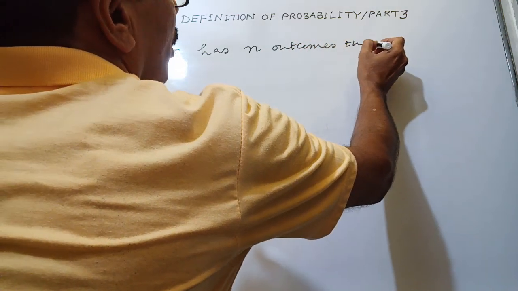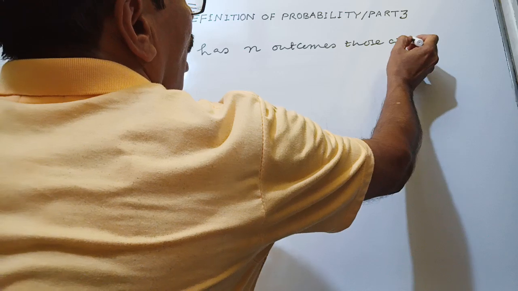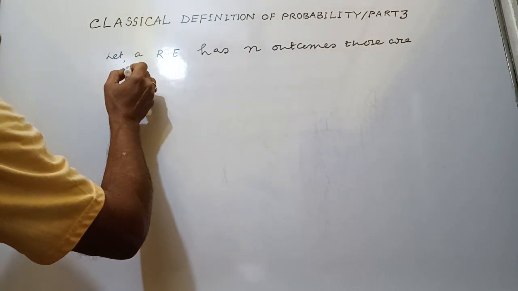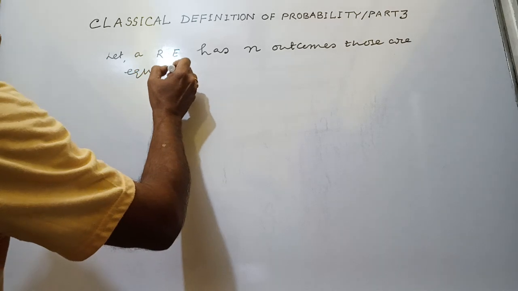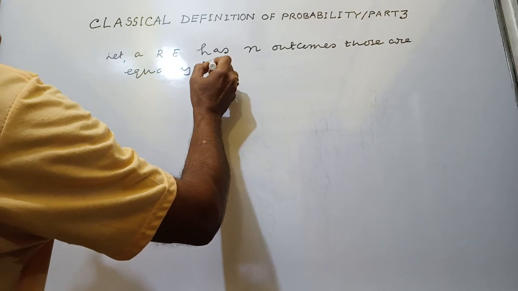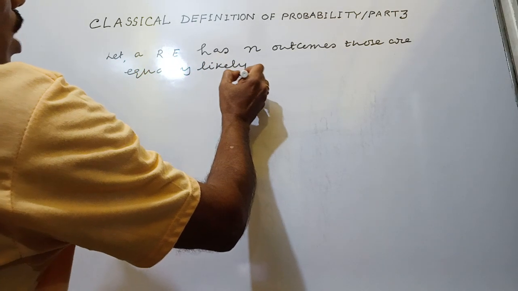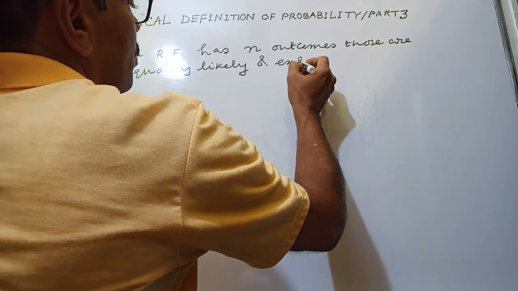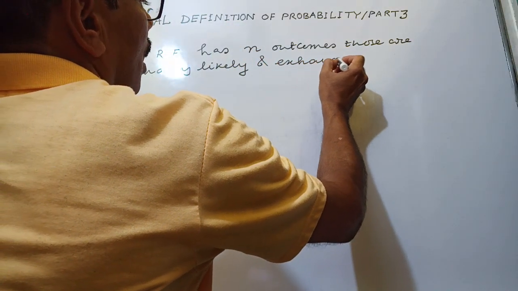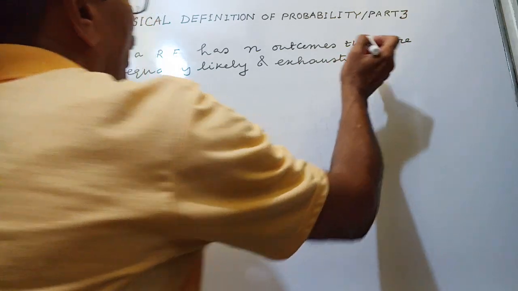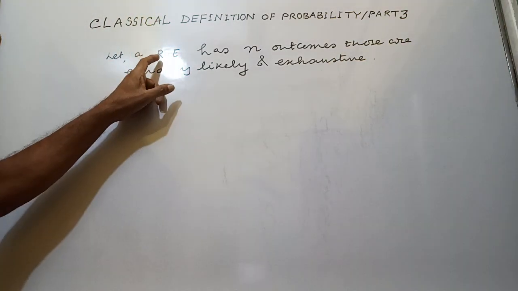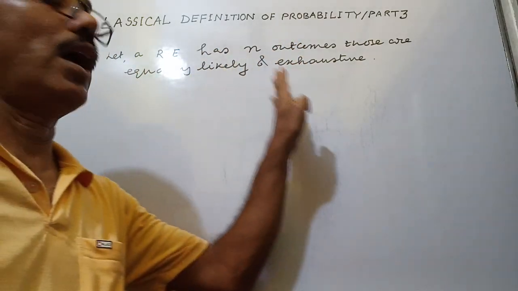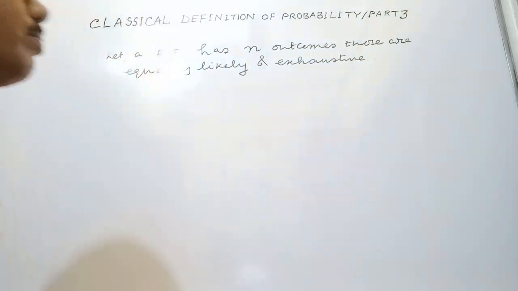Those are equally likely and exhaustive. I have already defined what is random experiment, what is outcome, what is equally likely and what is exhaustive.